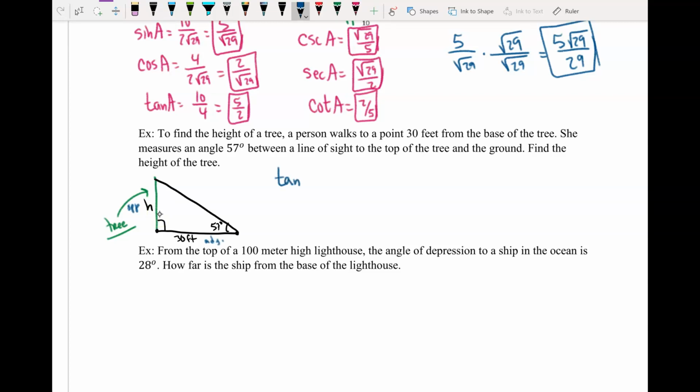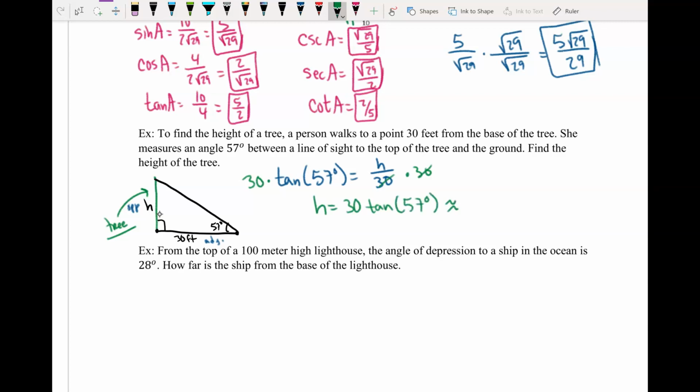So we're going to use tangent of 57 degrees is equal to opposite over adjacent, which is h over 30. I'm going to multiply by 30 on the other side. So we get that h equals 30 tangent of 57 degrees.